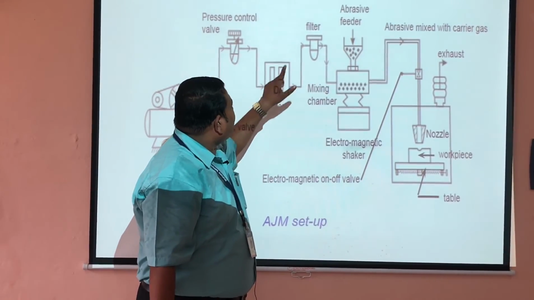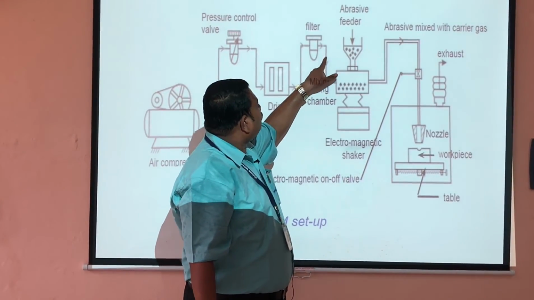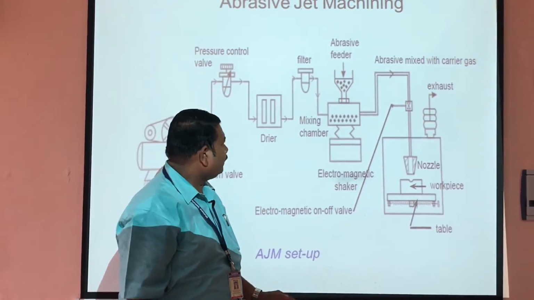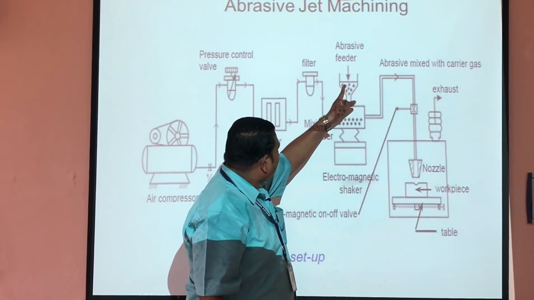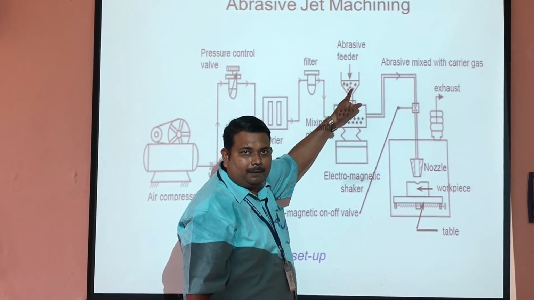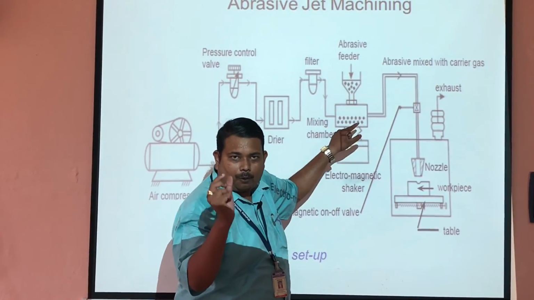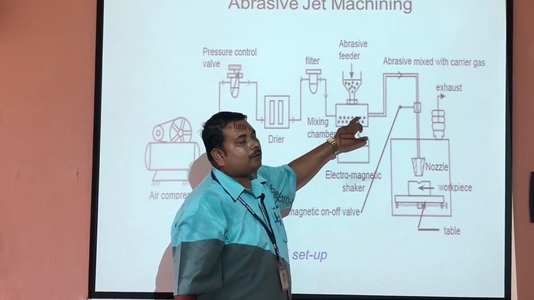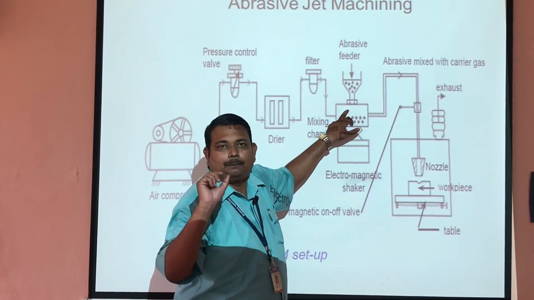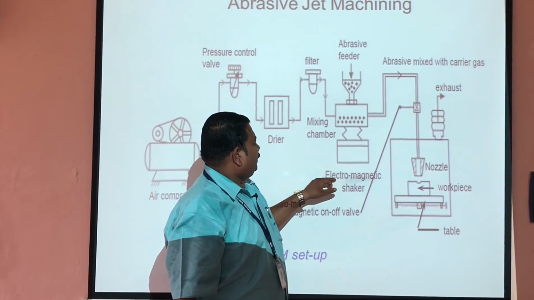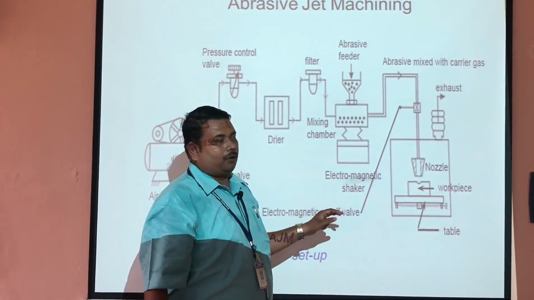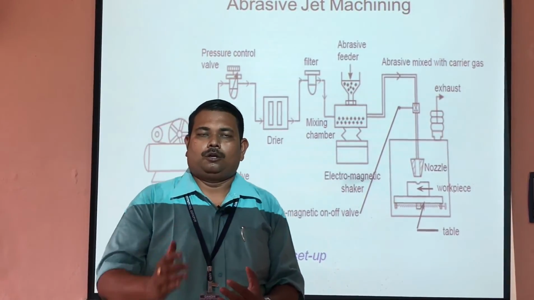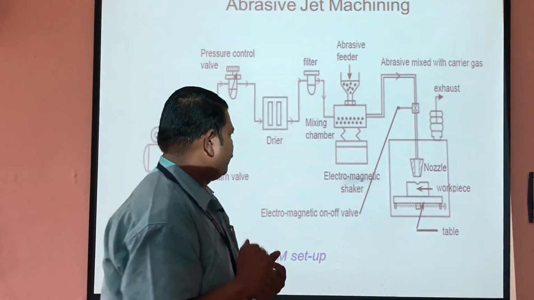After passing the air through the filter, it goes directly to the mixing chamber, where the abrasive particles from the abrasive feeder, in the form of powder, and the air mix at a particular concentration ratio of 30%, using an electromagnetic shaker to mix the abrasive powder with the compressed air.